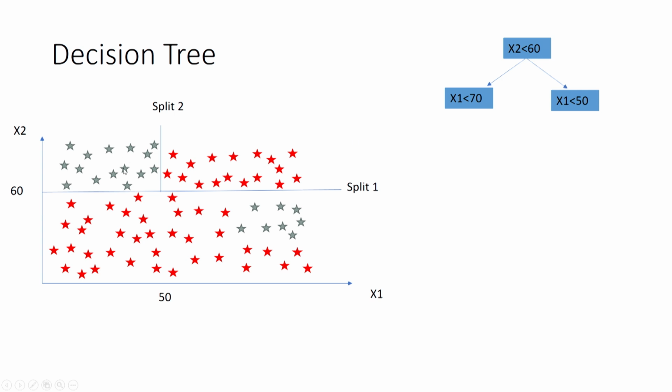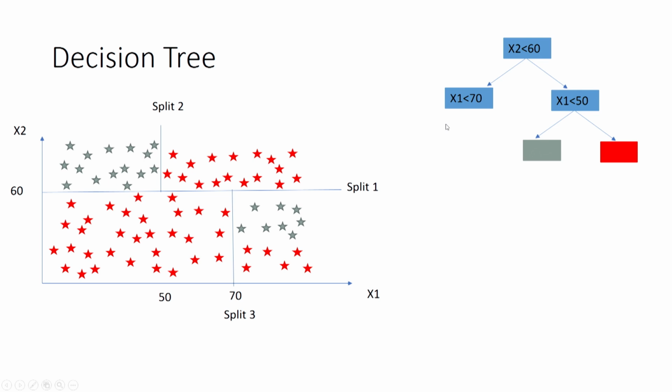Then again we split it as x1 is less than 50 and x1 is greater than or equal to 50. Here we split this portion as x1 is less than 50 or greater than or equal to 50, and here we will use x1 is less than 70 or greater than or equal to 70.